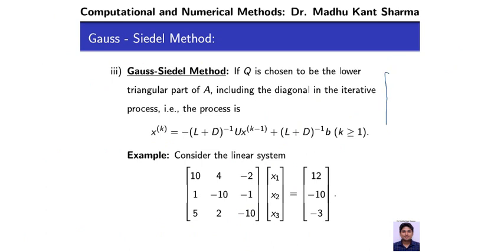Previously we divided A into 3 parts, L plus D plus U. Then for this method Q is chosen to be L plus D. Okay, so Q has been chosen as L plus D for this matrix. Then the process becomes x_k equal to the following. So this implies Q minus A is equal to minus U.